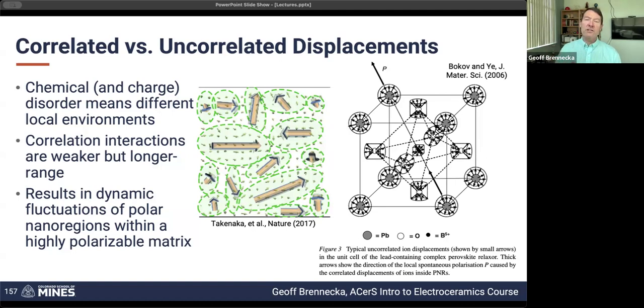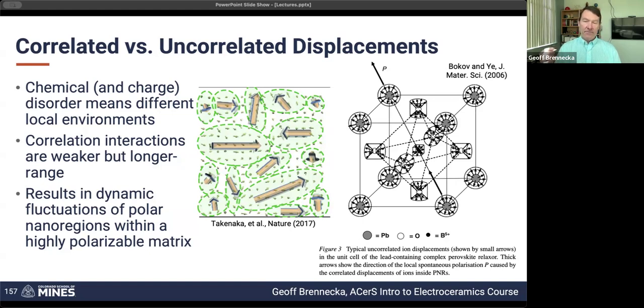This variation in local bond environment, and the fact that the dipoles associated with each one of these ions in each one of these unit cells does not have a really strong correlation with the unit cell next to it, means that they're not correlated.